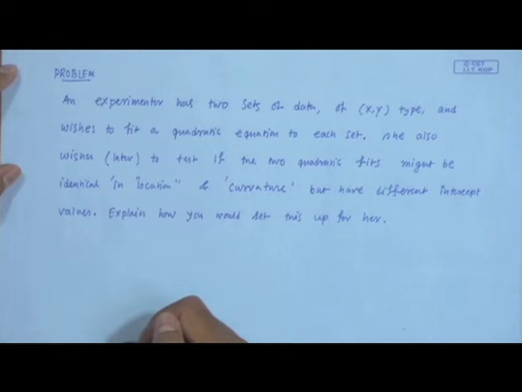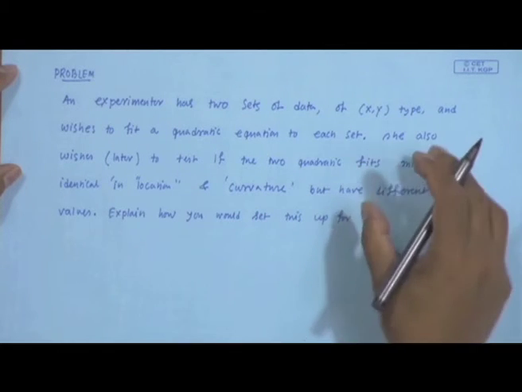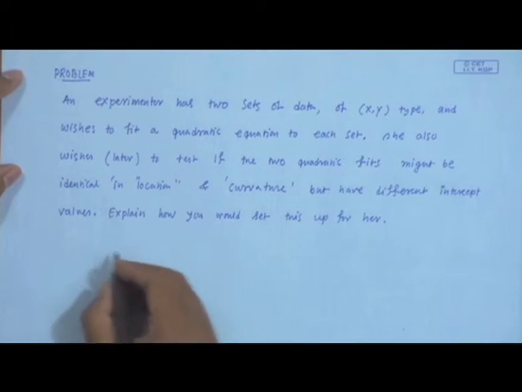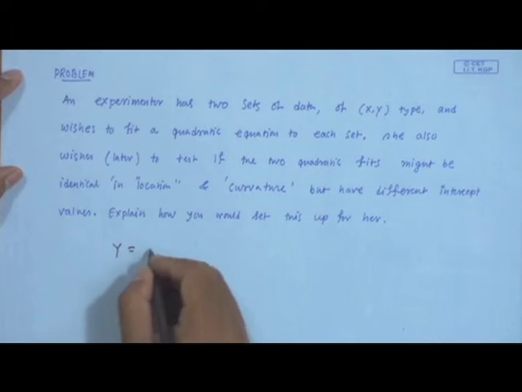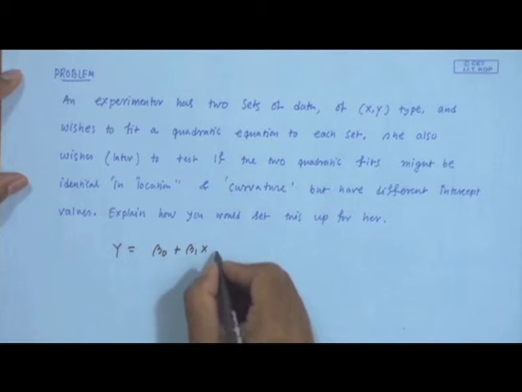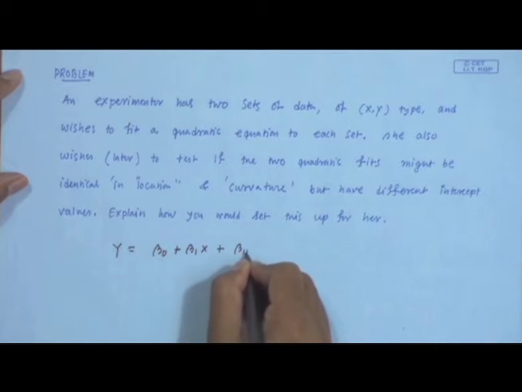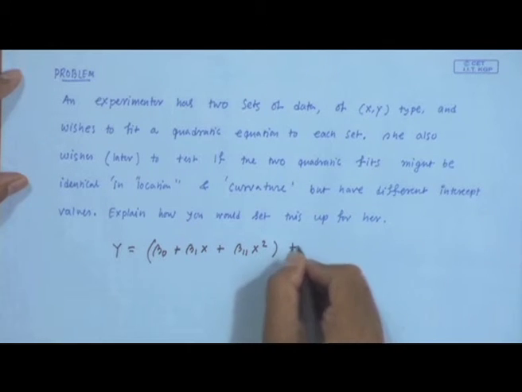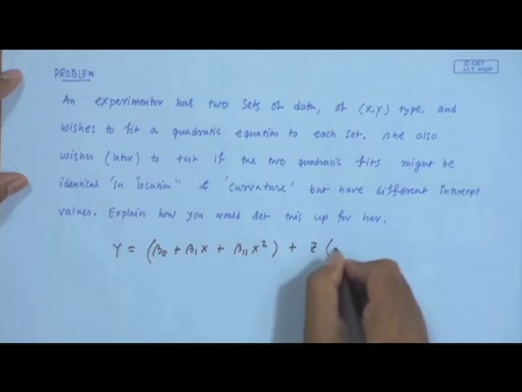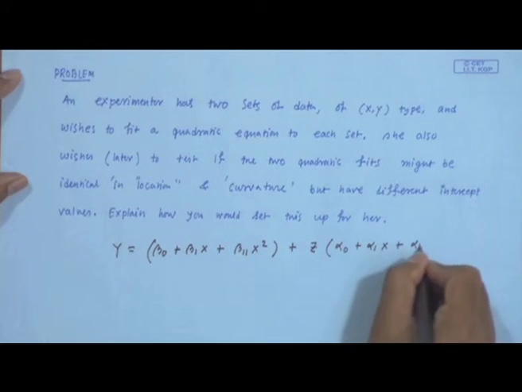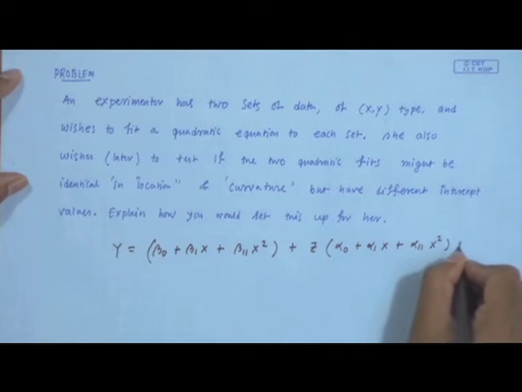Okay. So, what she has is two sets of data on x and y, and she wants to fit a quadratic equation. So, she should go for the general model like y equal to beta naught plus beta 1 x plus beta 2 x square plus z times alpha naught plus alpha 1 x plus alpha 2 x square, plus epsilon.